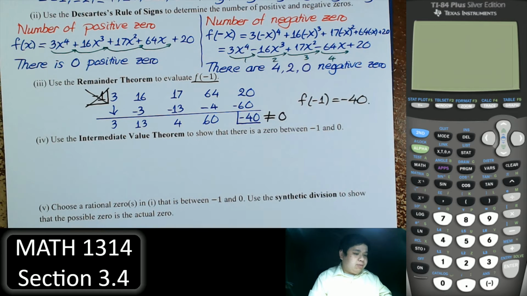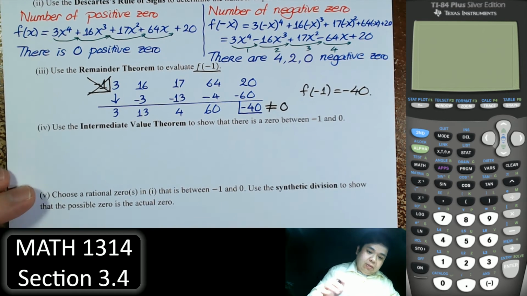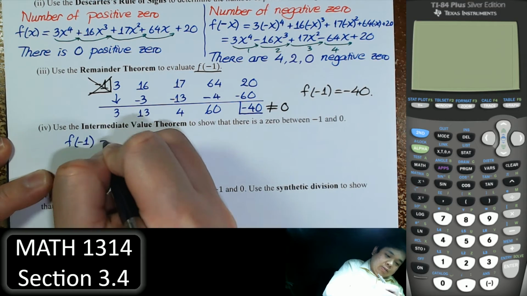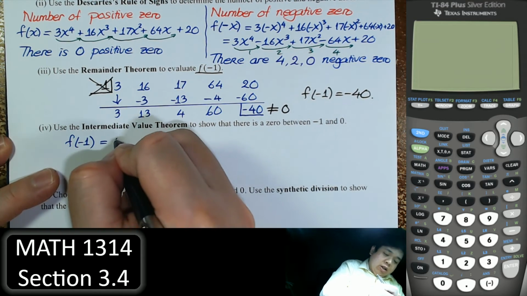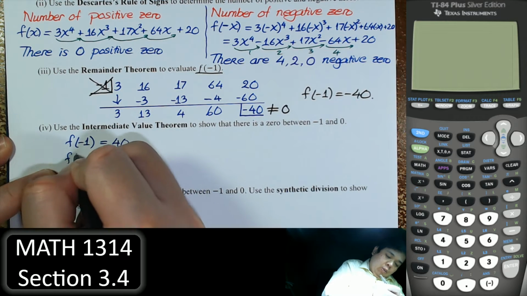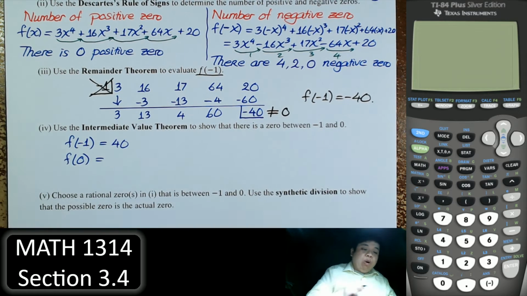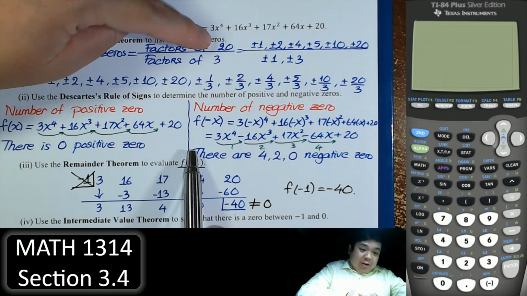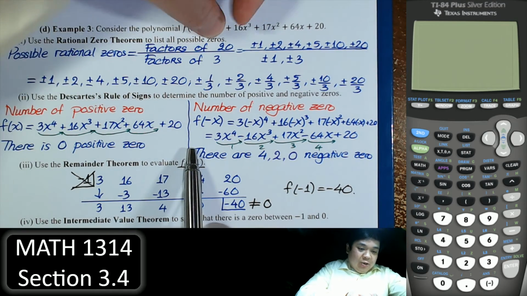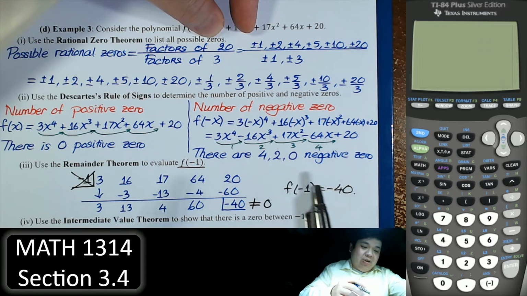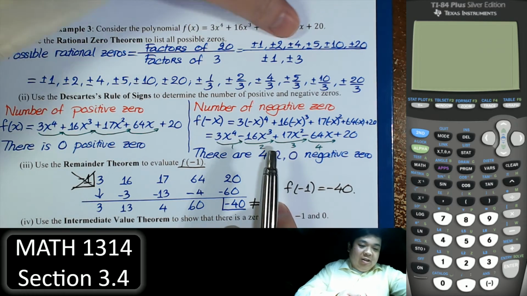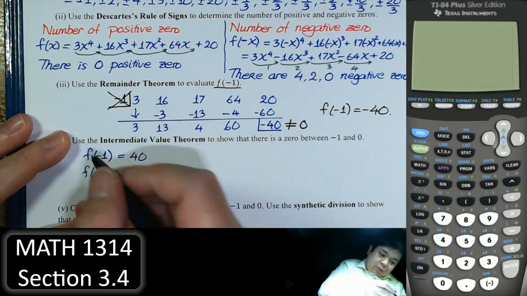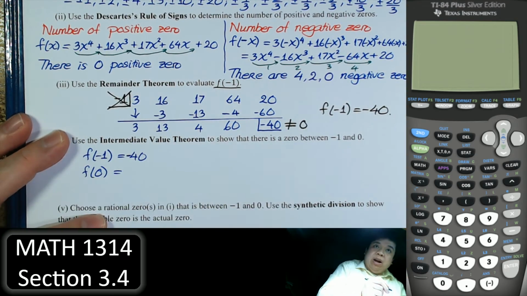Right, next. Use the intermediate value theorem to show that there is a zero between negative 1 and 0. Well, we have negative 1, the value of the function is negative 40. Now, when we put 0 in for x, well, that's easy. If 0 in for x, then that term equals 0, that term equals 0, because x is 0, right? So with x here being 0, we're only left with 20.